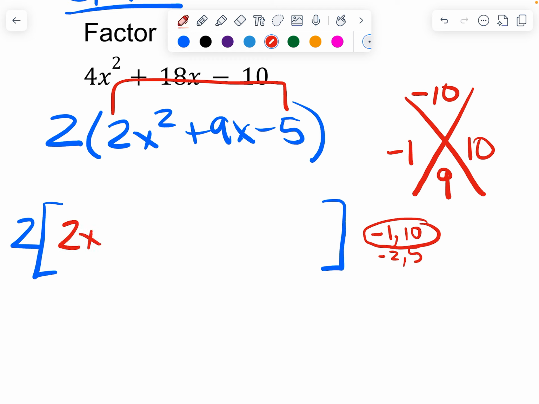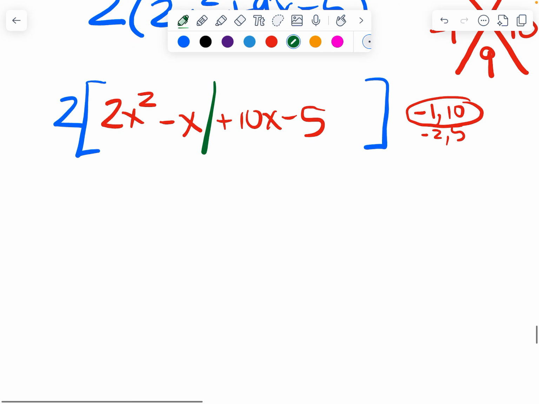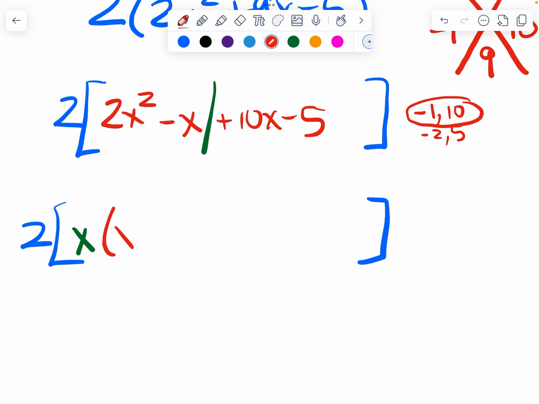So 2x squared minus x plus 10x minus 5. So I go here. So the 2 stays where it is on the outside. I take out an x, and when I take out that x, I get, how about I write the 2? 2x minus 1.